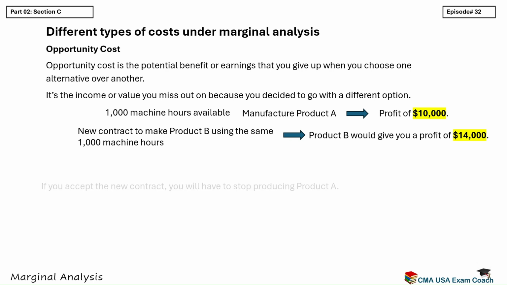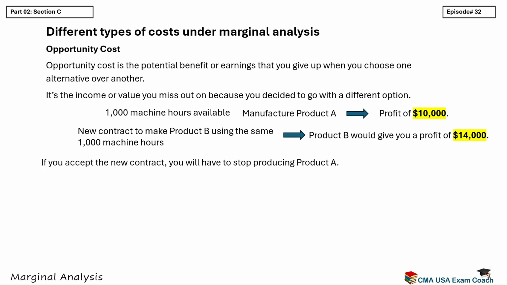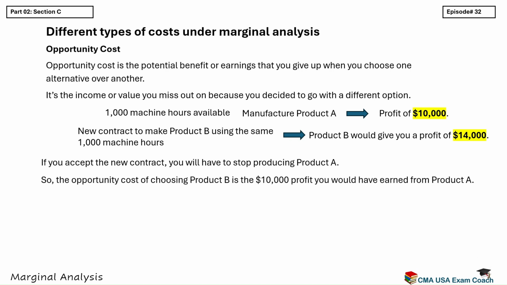If you accept the new contract, you will have to stop producing product A. So, the opportunity cost of choosing product B is the $10,000 profit you would have earned from product A. Even though you're not paying $10,000 in cash, you're still giving up that benefit. So, in your decision analysis, you must consider this opportunity cost.